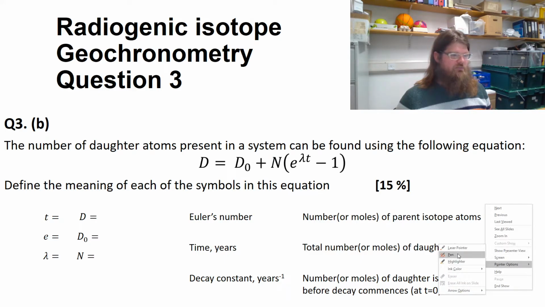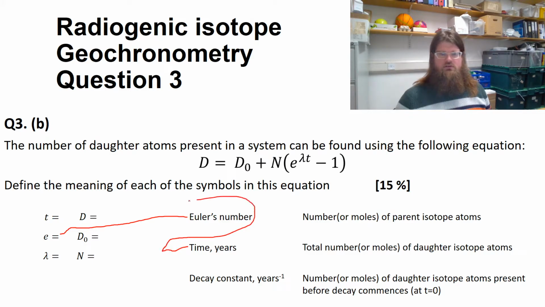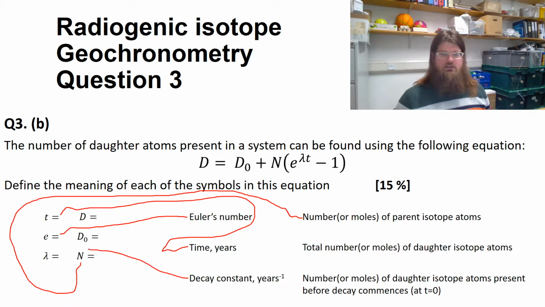Euler's number, that's very easy. We've got time, that's t. Number of moles of the parent atom, so that's the parent, N. And the decay constant, that's lambda here.